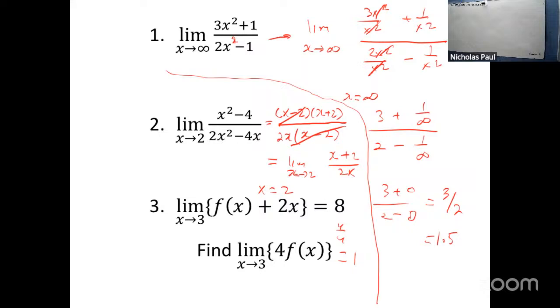Try number 3. What do you think you got for number 3? Message your answers for number 3. What did you get for number 3? Come on, board. Oh yeah, for number 3.